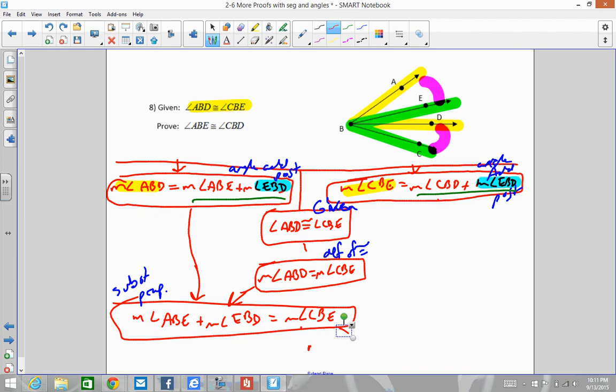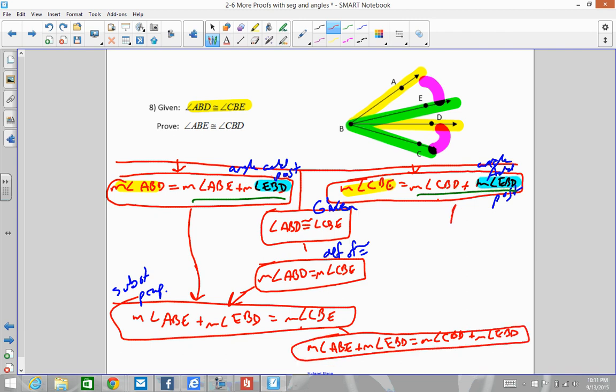So the measure of angle ABE plus the measure of angle EBD is equal to the measure of angle CBD plus the measure of angle EBD. And that's a connection of this one with this one. And this again also is if, and then. So that's substitution property.